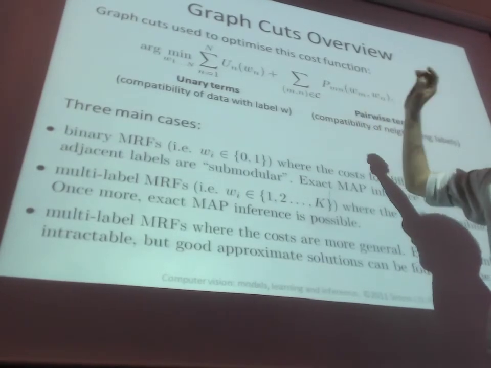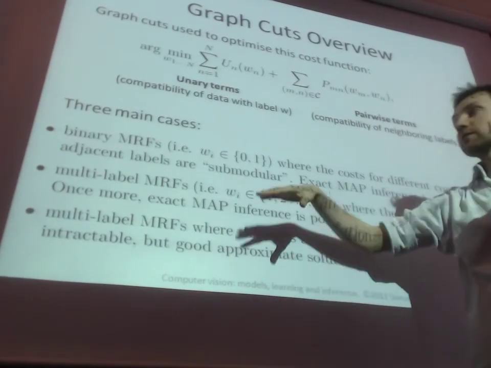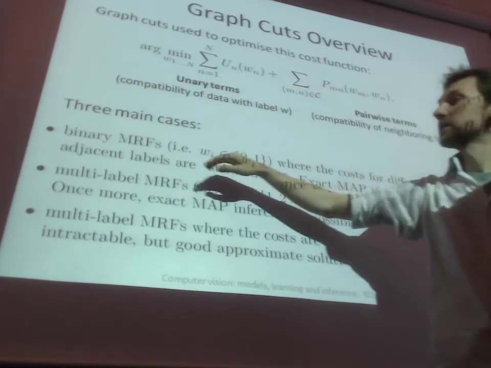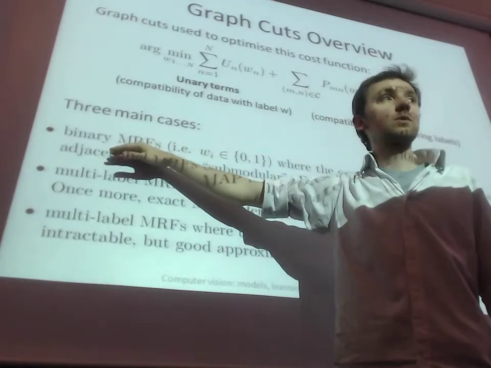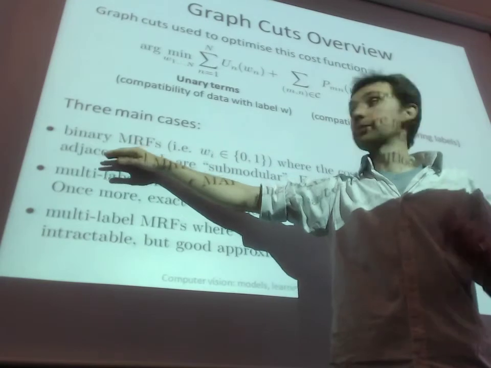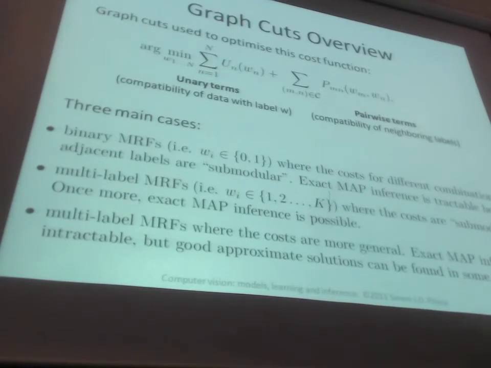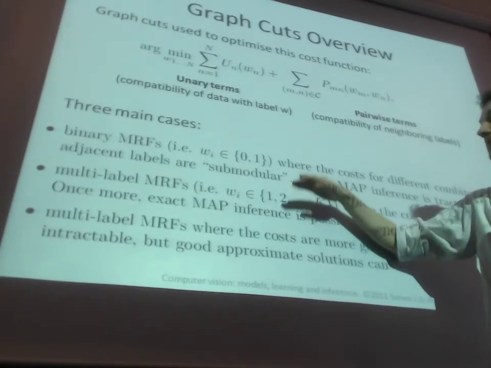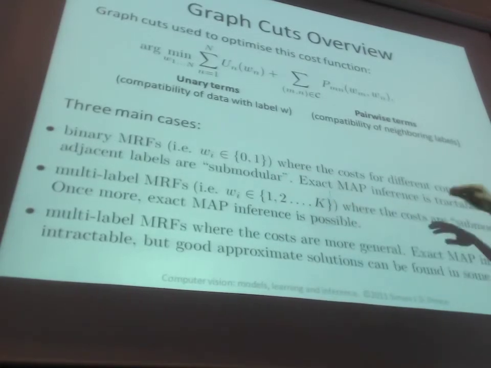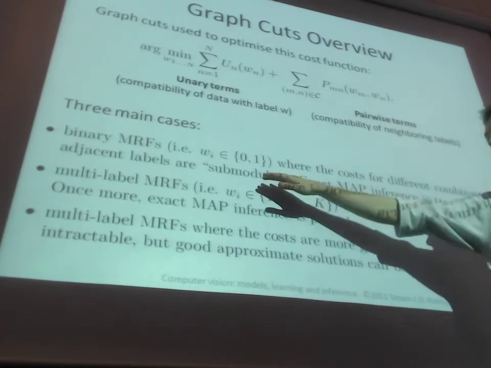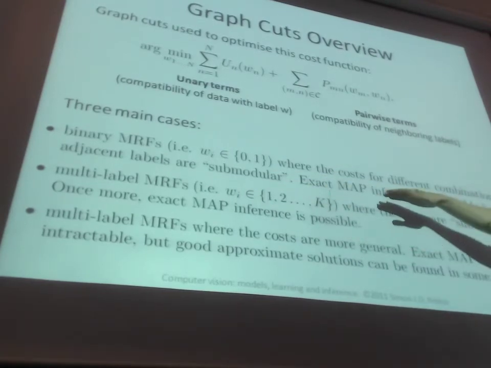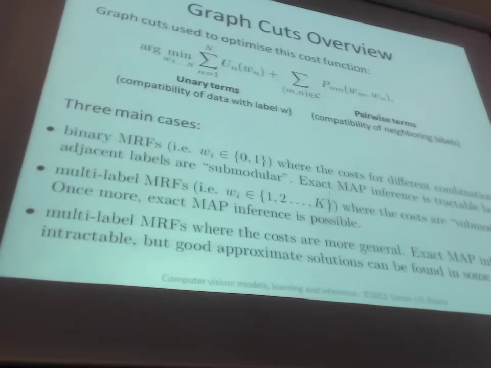This means that now we can talk about 3 different cases, which are all variations on the theme. The binary MRF case that we've been talking about with the bit flip, and the multi-label MRF, where maybe you have a cartoon character with 6 shades of gray. In both of these, as long as the cost is submodular, then we can do exact MAP inference. So you should be getting excited that we can find the exact solution, no approximations, no cut corners.